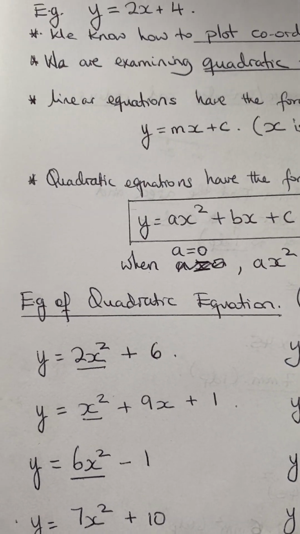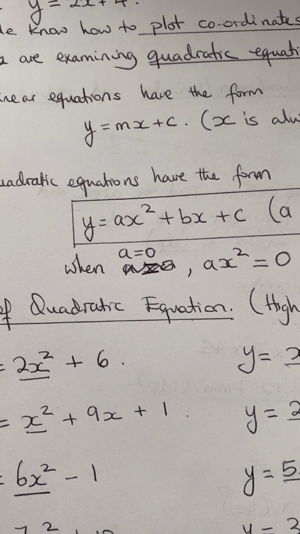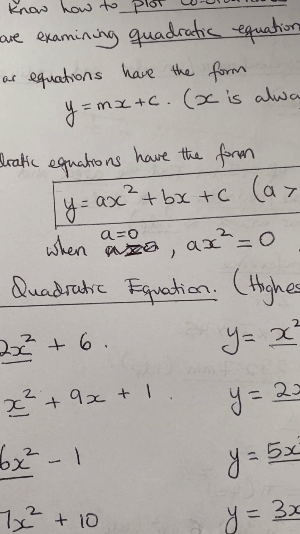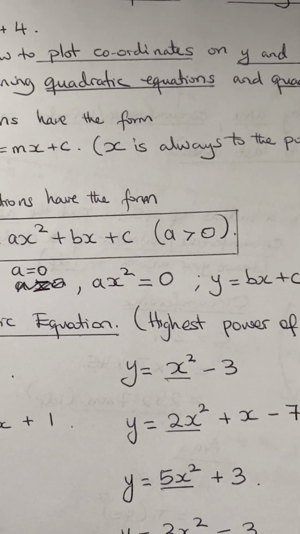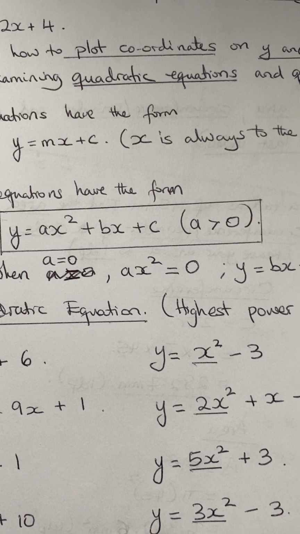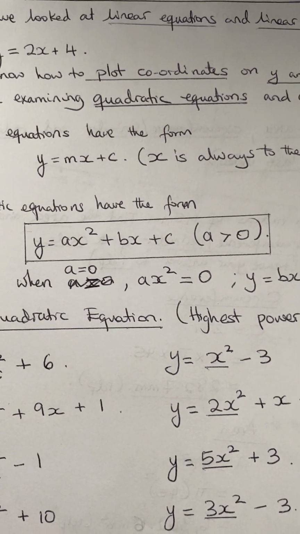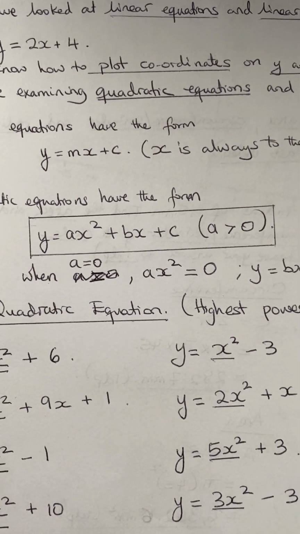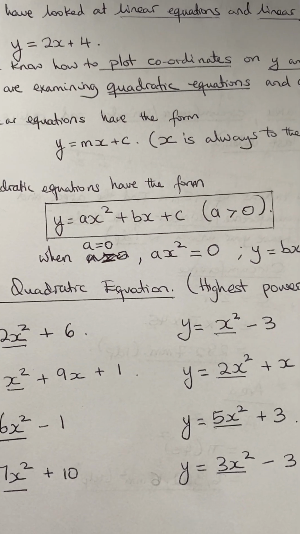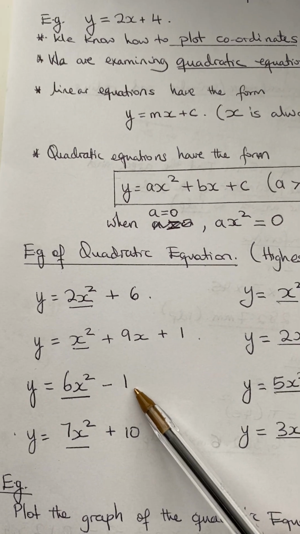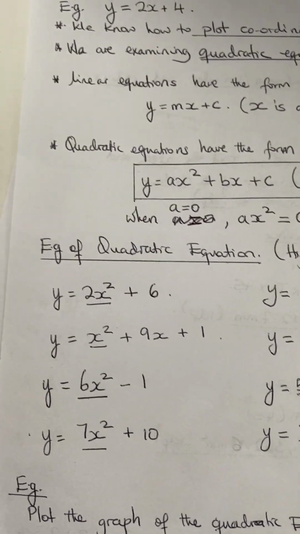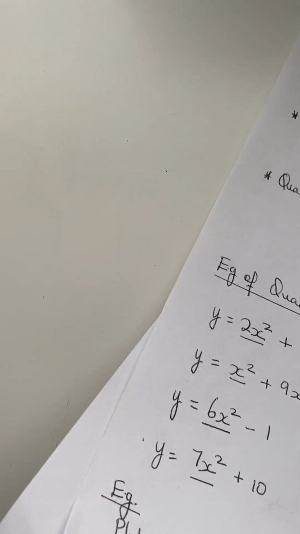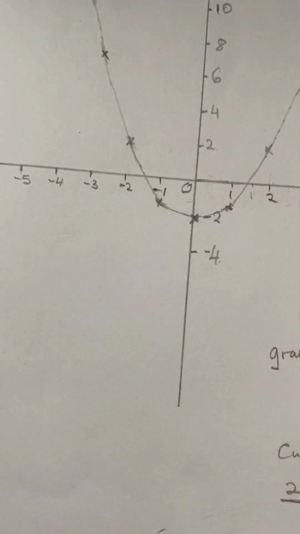I've explained to you the difference between a linear equation and a quadratic equation. And I've told you that we've done the linear equation, which is a straight line, and a quadratic equation, and I've shown you some examples. And also we've drawn a quadratic graph.